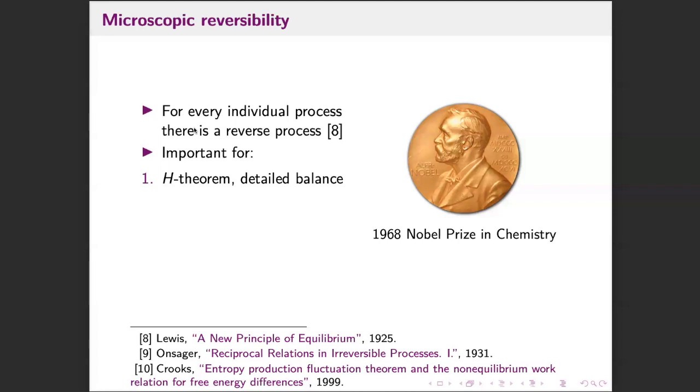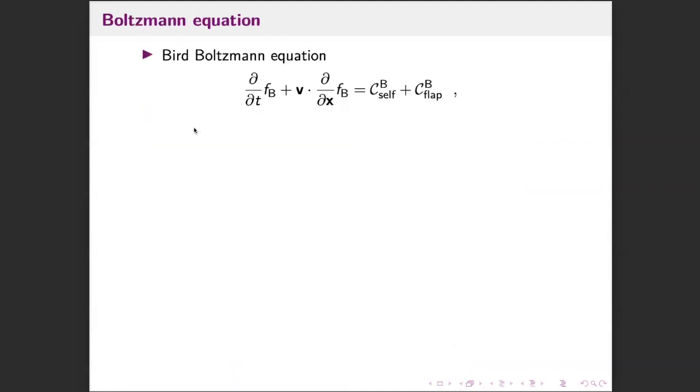It's very helpful to have microscopic reversibility. It's tied to detailed balance. It's also crucial for the Onsager relations, which got Onsager the Nobel Prize in chemistry in 1968. And in the 90s, you had this sort of thermodynamics renaissance, which was related to fluctuation theorems, and that was also very much related to microscopic reversibility.